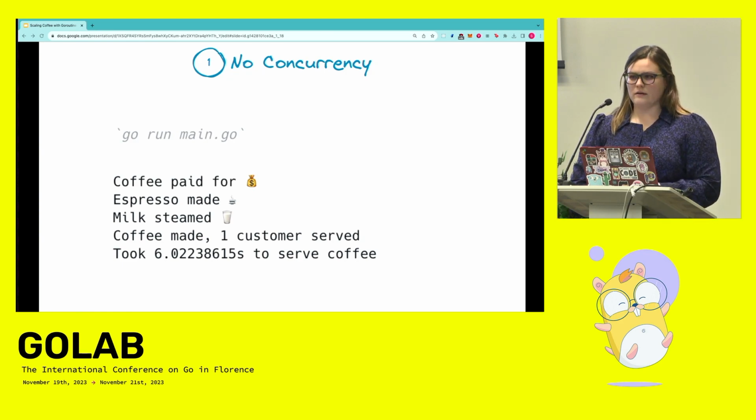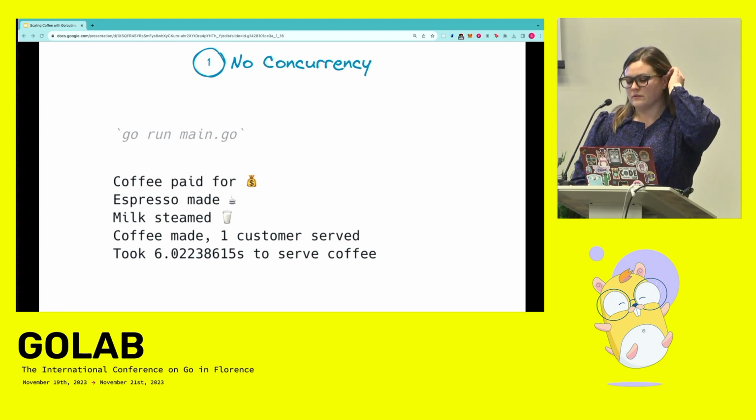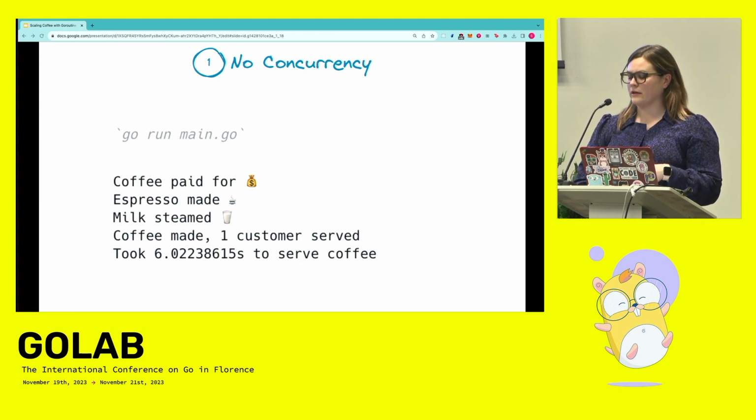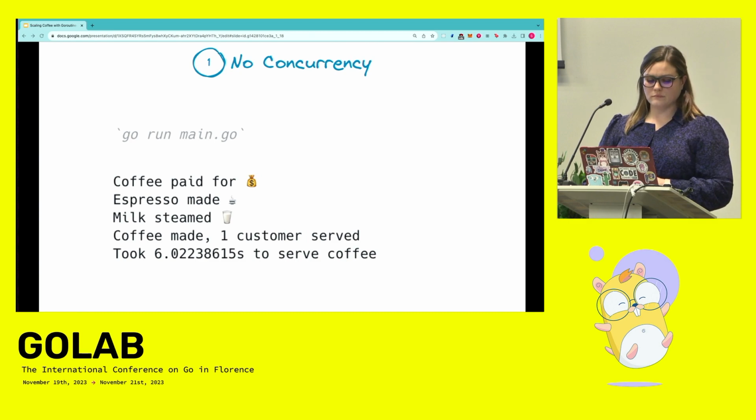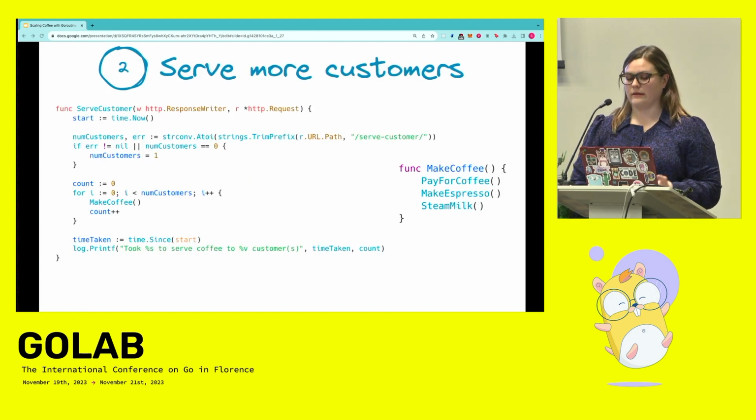So now I'll just go into a little bit more setup because we want to have this capable of serving more than one customer. And I want to make this a little bit more flexible, but also set this up as a server because we're effectively building out a web service, and this will help us later when we package it up to deploy. Cool. So I've adjusted the code slightly here.